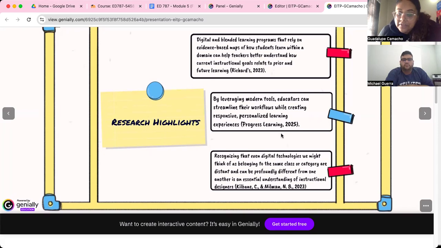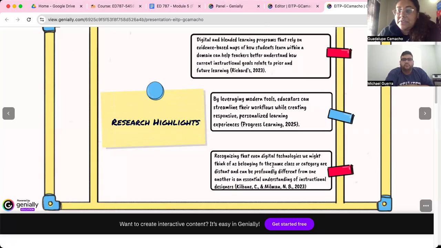And then the last thing that I found interesting was recognizing that even digital technologies we might think belong to the same class or category are distinct. One example I found about this is that though we love Canva, we use Canva, does it really serve the purpose for our students? Canva is really just a presentation tool, but does it really help our students?